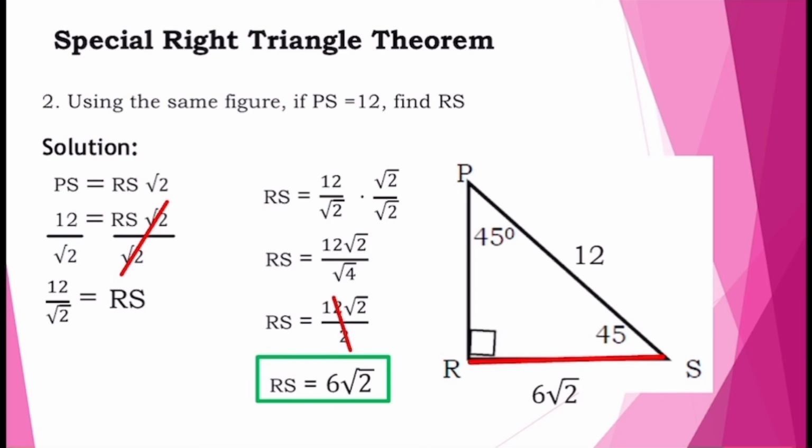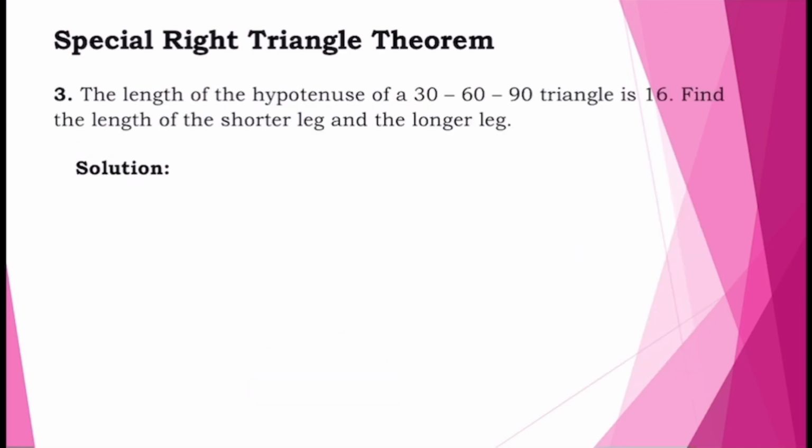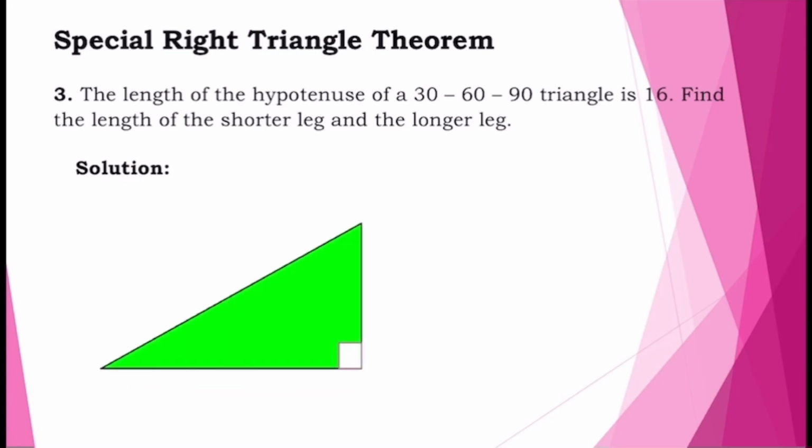Next, the length of the hypotenuse of a 30 by 60 by 90 degrees triangle is 16. Let's find the length of the shorter leg and the longer leg. So let's draw the figure. We have 16, which is our given, the hypotenuse.